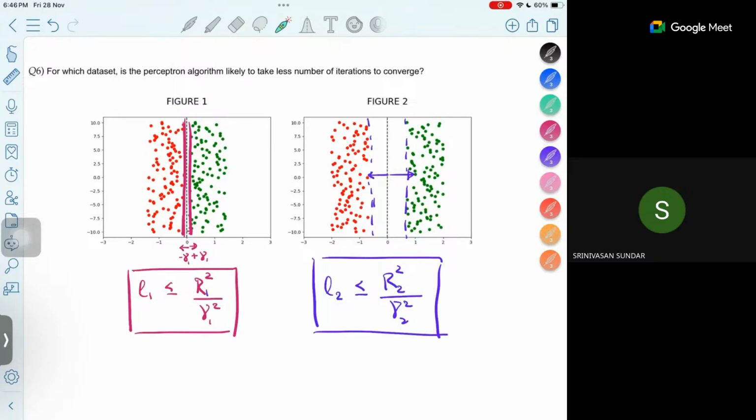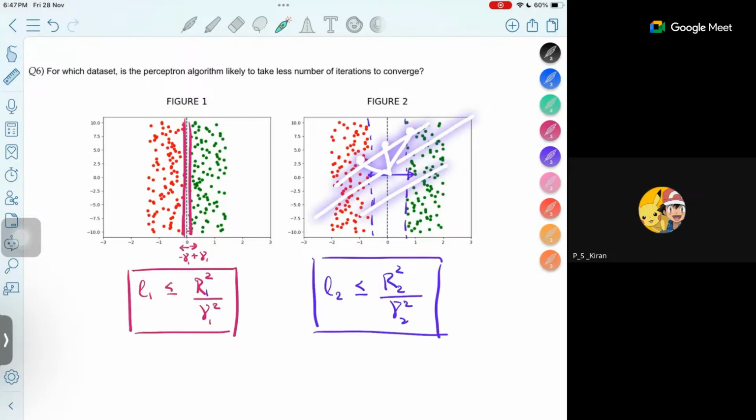I mean, here, of course, assuming that this is the W vector, because here the points are perfectly divided, this y-axis is the division line. Of course, otherwise it would have been tilted like this. So then points here and here would have the same W transpose X.